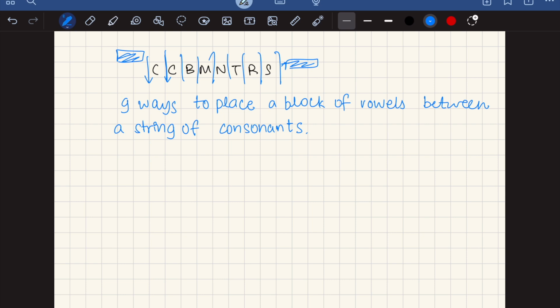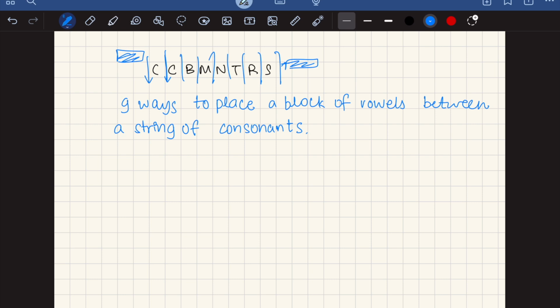I mean just the expression, not the value. Okay, so let's see the answer.